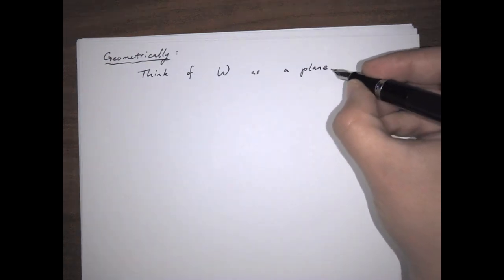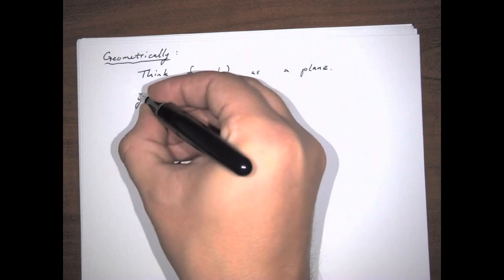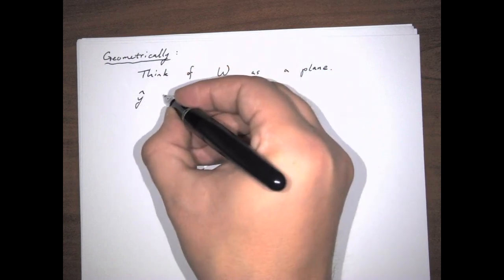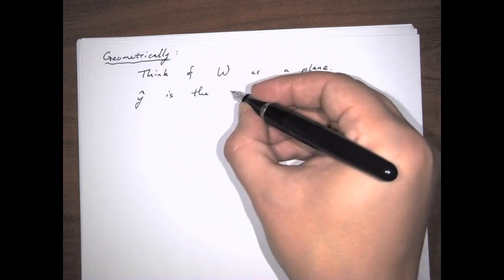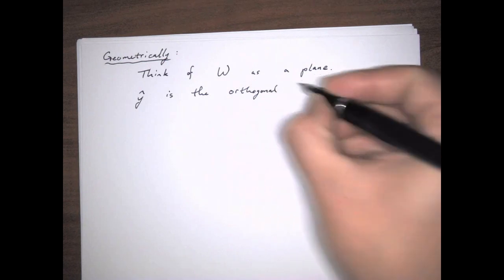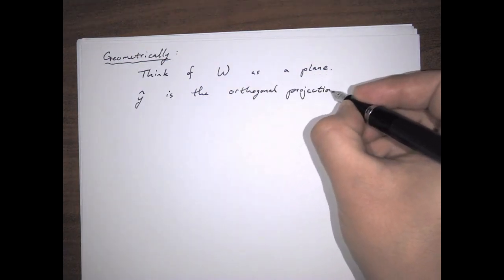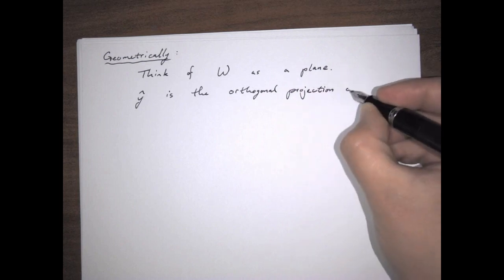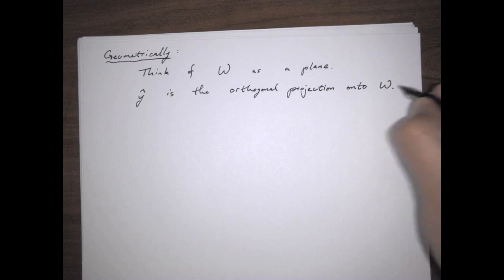So think of it as a plane. Then y hat is the orthogonal projection onto W.